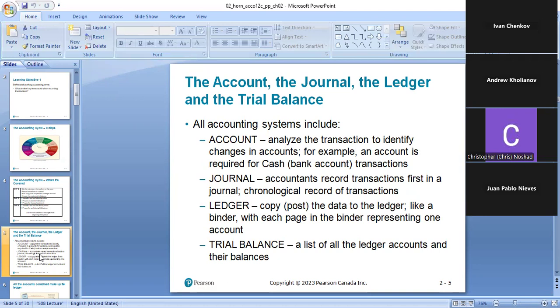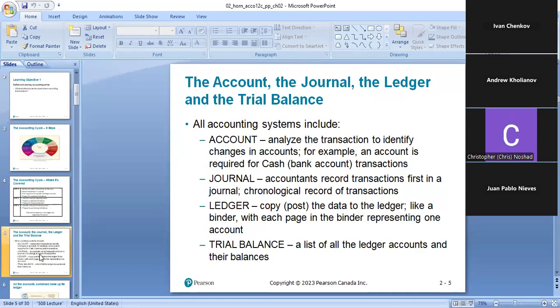Then the ledger will represent the entire closet, because in that closet we have all those drawers, which are our accounts. So the ledger is going to be one place where we have everything all together.